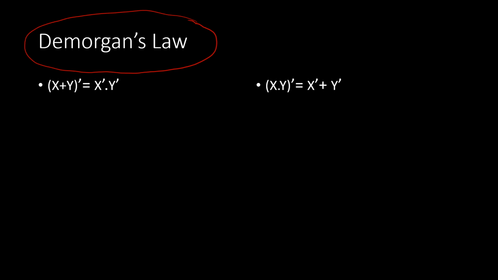So what does this law state? We have two things. First, if I have a NOR operation, you remember what is a NOR? NOR operation is performed by a NOR logic gate, right? So if I have here X and Y, at the output I have my NOR.